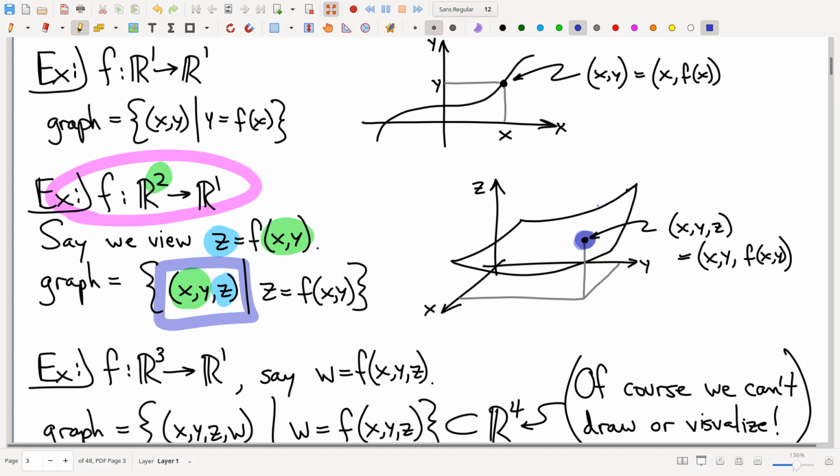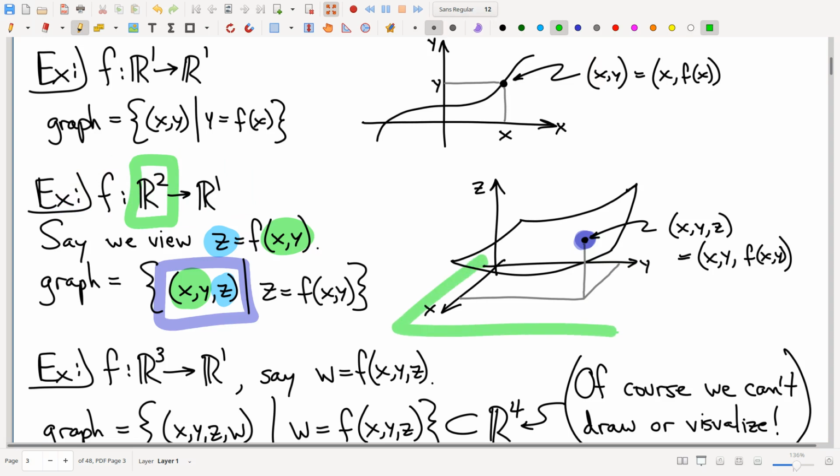Now, here's a different way to think about this. You can kind of sort of view the domain in this picture. The domain, after all, represents all values of x and y. You might say the domain is the xy plane, which you can kind of see here.